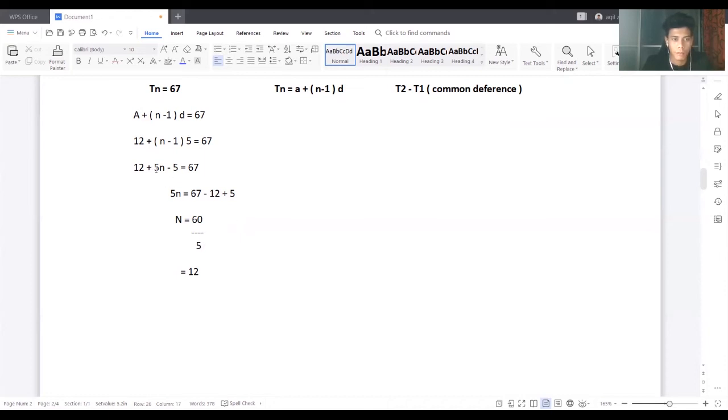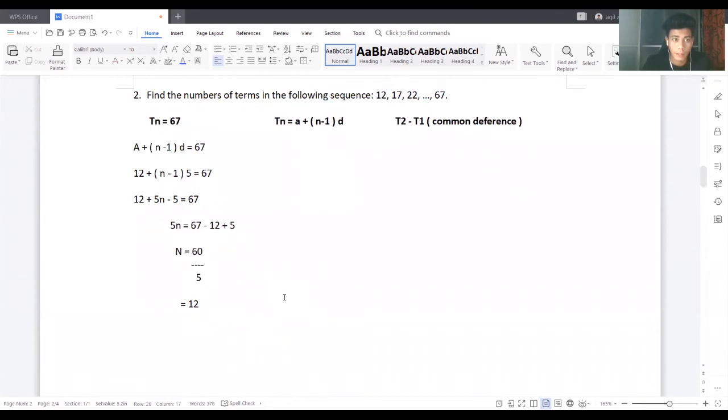You just bring 5 beside 67, and make 5n, and move 12 beside 67 also. And finally n equals 60 over 5. Then the answer will be 12. That is the answer for question 2 for arithmetic.